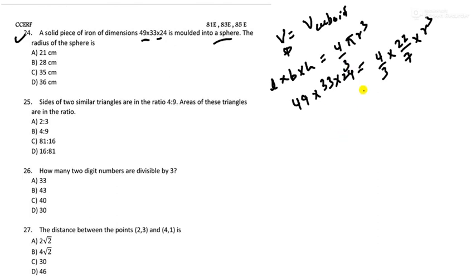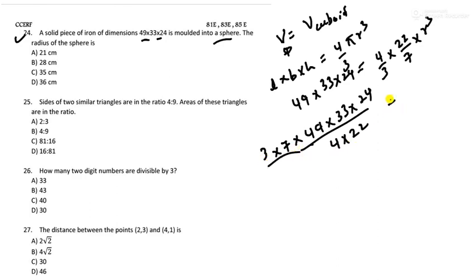So when we send all the numbers to one side, this becomes 4 by 22 and here 7 into 3, right?